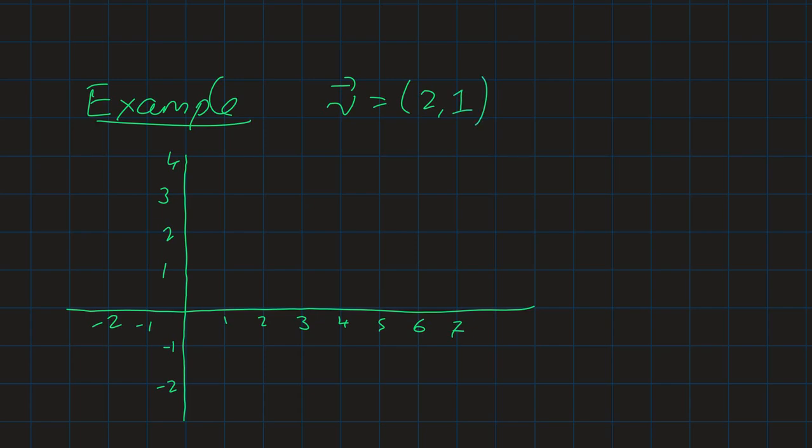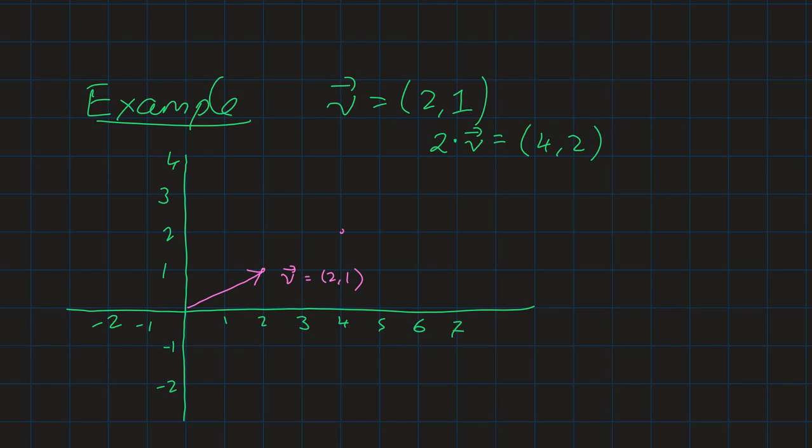So if I plot this, it looks like this. This is the vector v equals 2, 1. Now I'm just going to consider what it looks like when I scalar multiply v by different scalars. For example, 2 times v is equal to 4, 2.